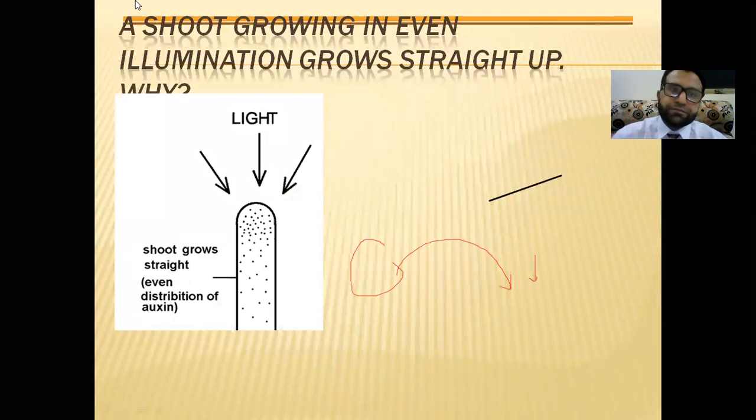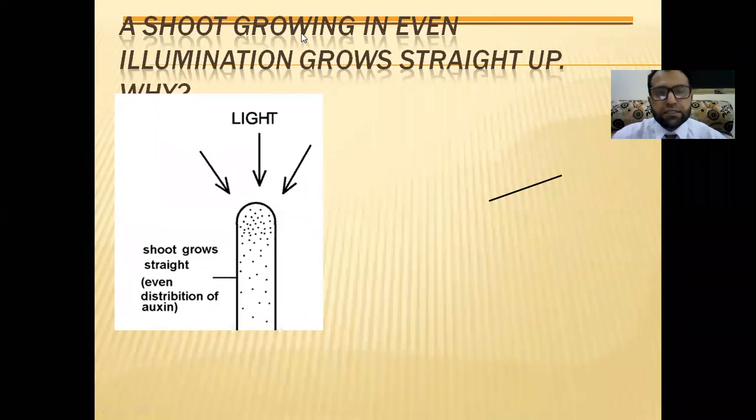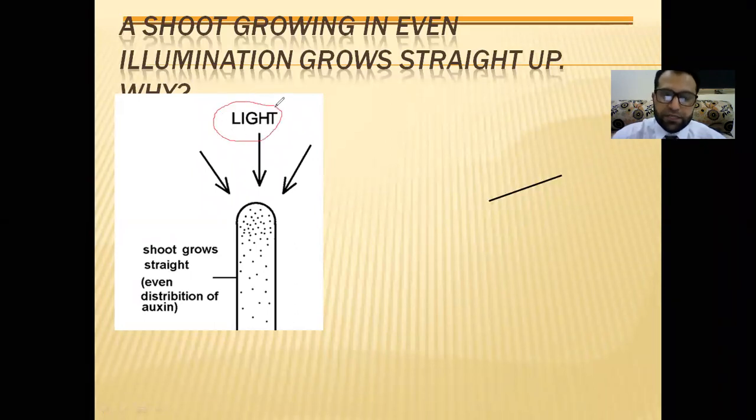Now, a shoot growing in even illumination grows straight up. Like if the light is coming from all directions or from above, it means that light is falling from all directions on the plant.